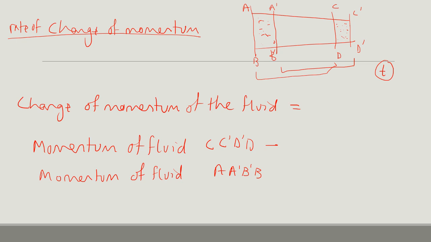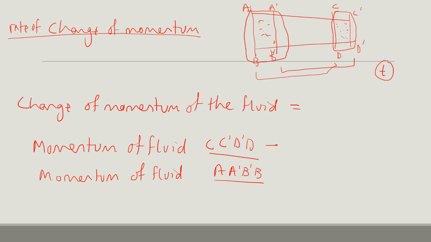The concept behind this naming C prime D prime D is from C to C prime to D prime to D, basically that section, and then from A to A prime to B prime to B, that section.